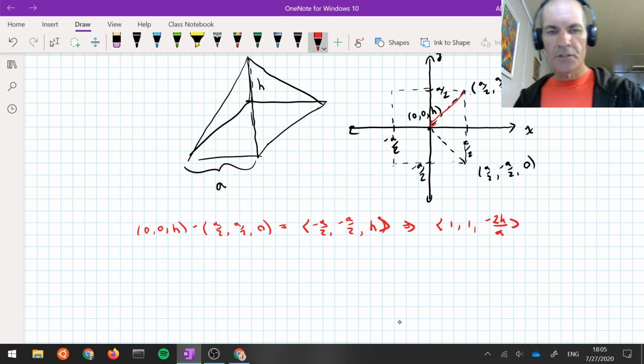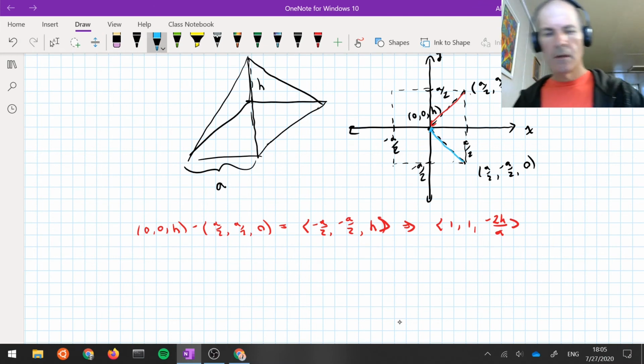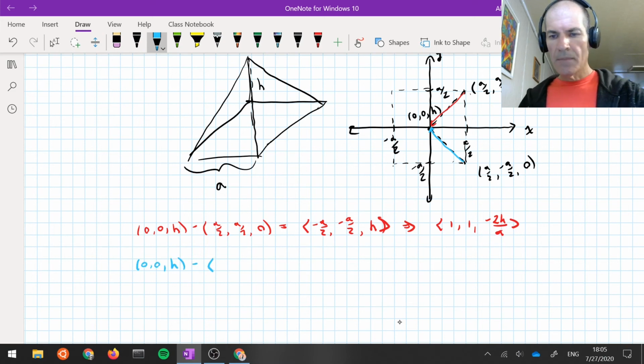Let's do the other displacement vector, which I'll paint in, say, blue. For that one, same. The tip is 0, 0, h. The corner is a over 2, negative a over 2, and 0.